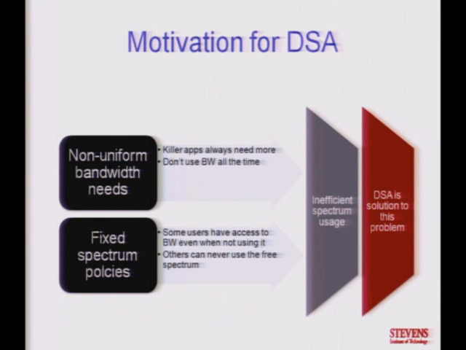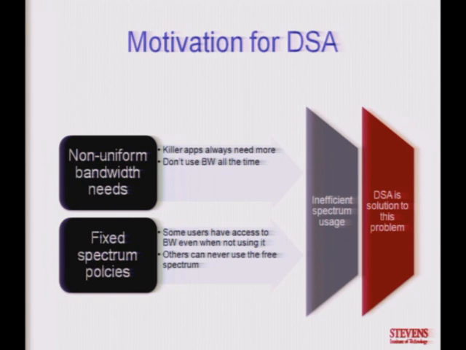The idea is this. Many applications always need more bandwidth, and they are also non-uniform. They are elastic. The demands are elastic. And there are some who have the bandwidth but don't use it all the time. What currently happens with that first picture I showed you with FCC spectrum allocation is a static allocation. So the TV cannot operate on a cellular phone band, even if it's available, because they are not supposed to be doing it.